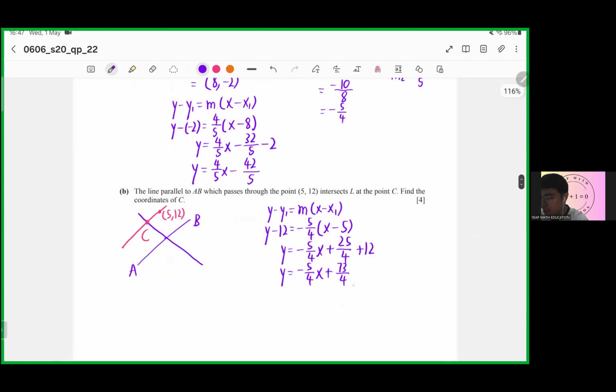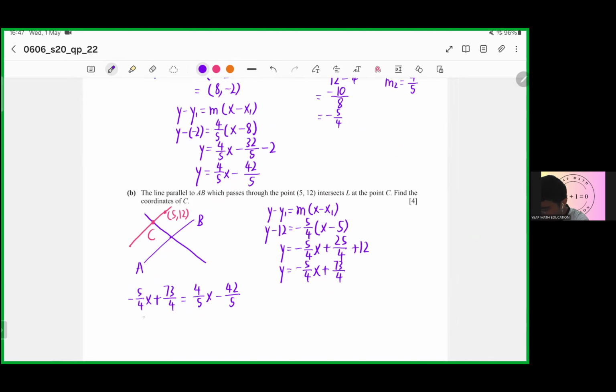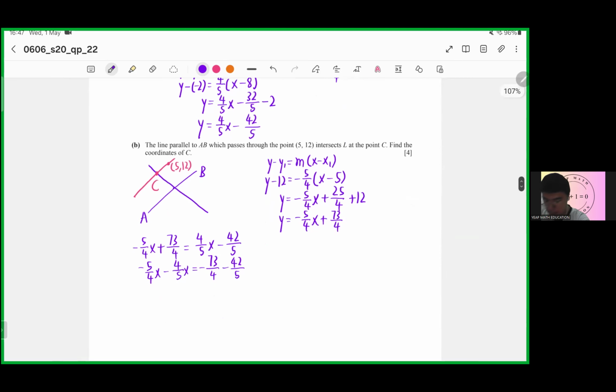Okay, we already got these equations, right? So we take negative 5 over 4x plus 73 over 4 equals 4 over 5x minus 42 over 5.